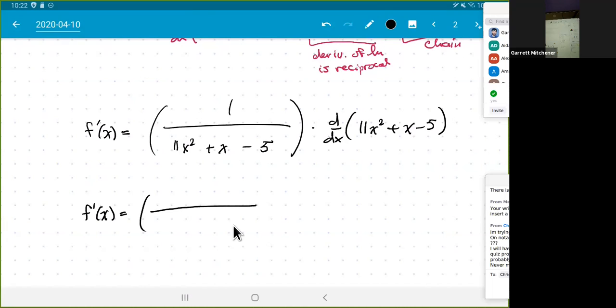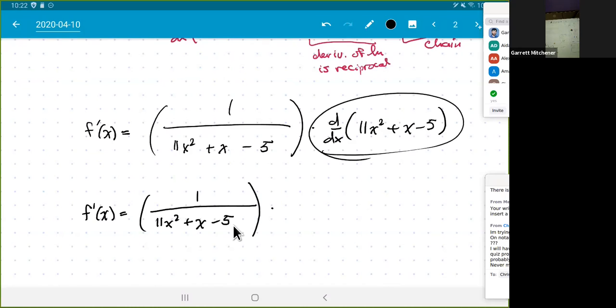Now, it should be clear how to finish. This is just the derivative of a polynomial. We've been doing these for a long time now. 22x plus 1.